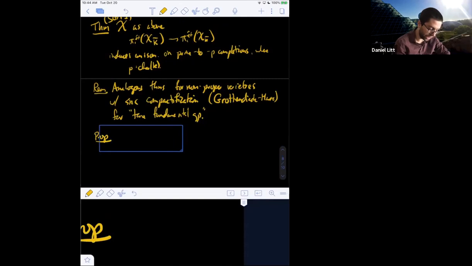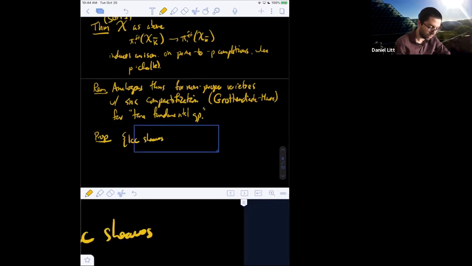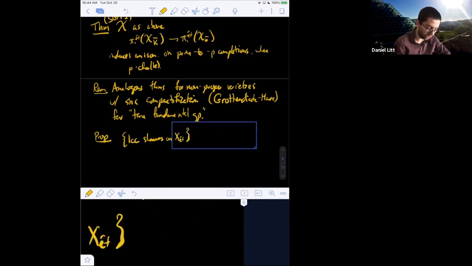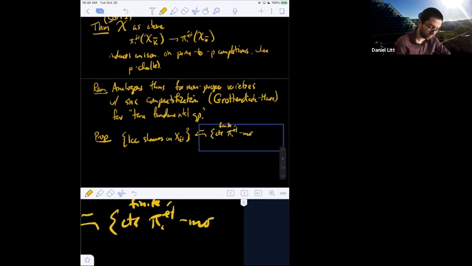There's an equivalence of categories between LCC sheaves, locally constant constructible sheaves, on X étale, and continuous pi1 modules, so finite continuous pi1 étale modules.